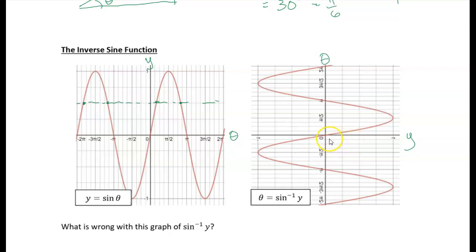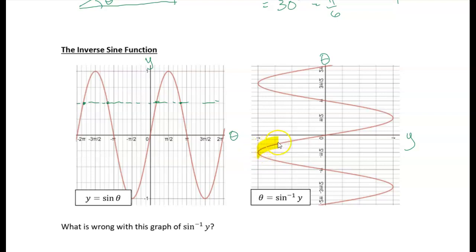So we want to choose an interval here that covers all of the sine values possible. If we choose the same range that we did for cosine, which was between 0 and pi, you can see that we have a problem. If we use that as our range, we don't have any negative values for sine, and we wouldn't be able to figure that out. So we're not going to use that range. We've got to use a different range that covers all of the possible sine values that we would want to find the angle corresponding to.